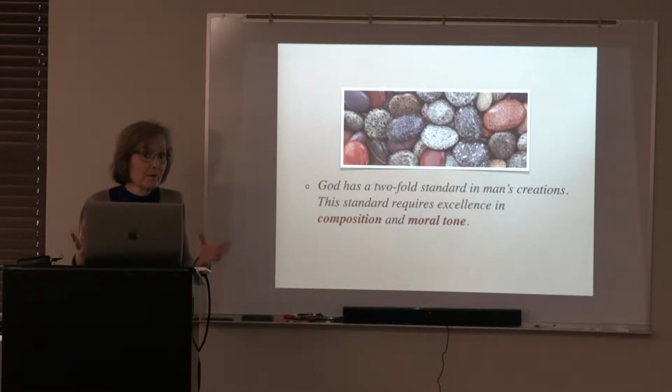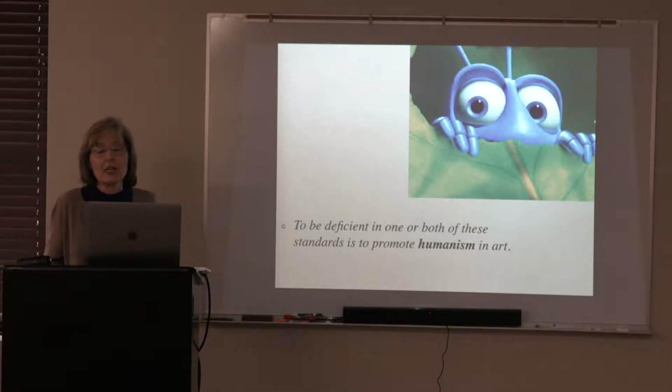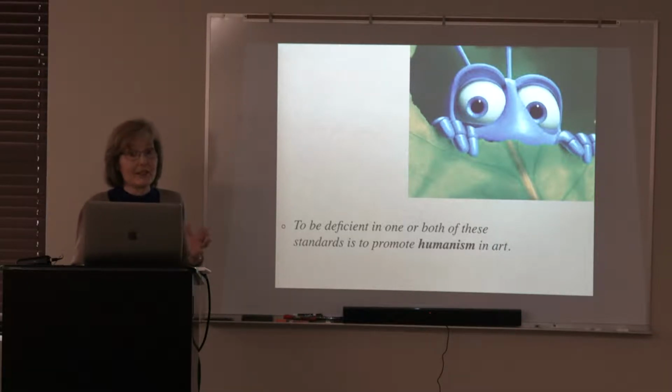Composition is how the painting or the object or whatever is created is composed, what elements it's composed of, and the principles that are made up with it, but also the moral tone. There's so much out there today that is not good moral tone in art. So it has to have both of those things to have God's standard of excellence. To be deficient in one or both of these standards is to promote humanism in art.